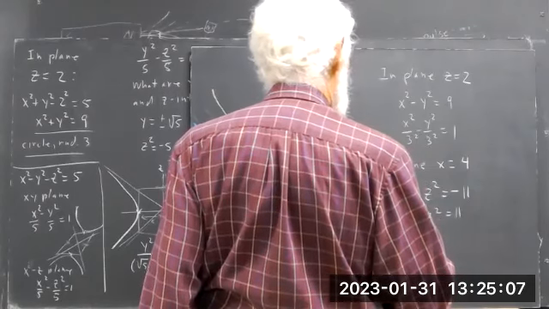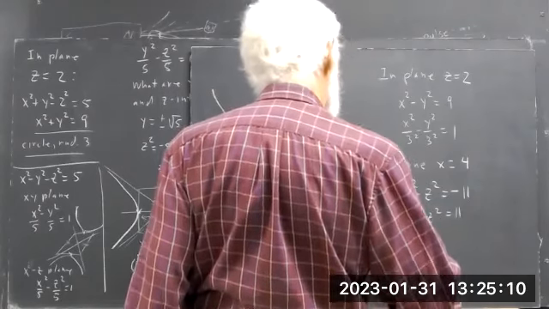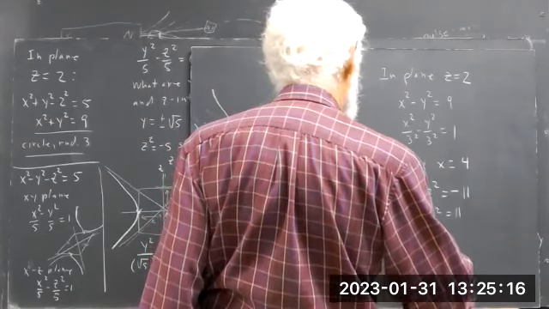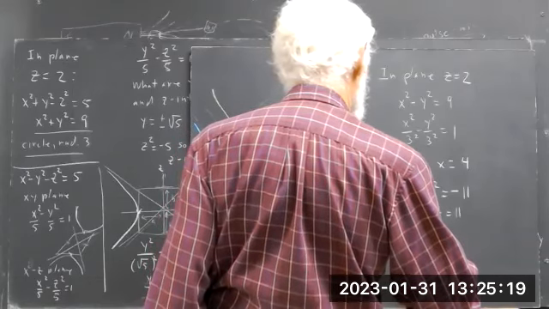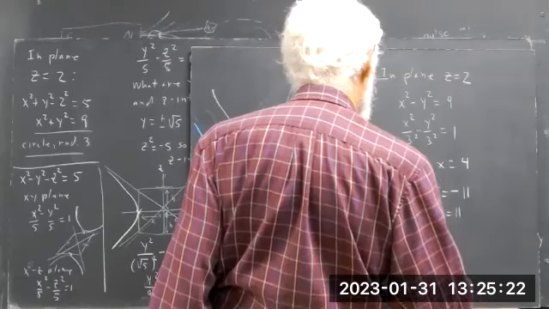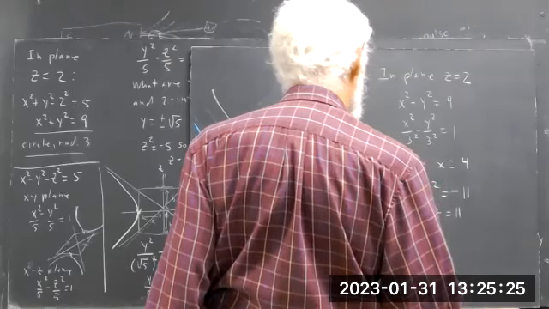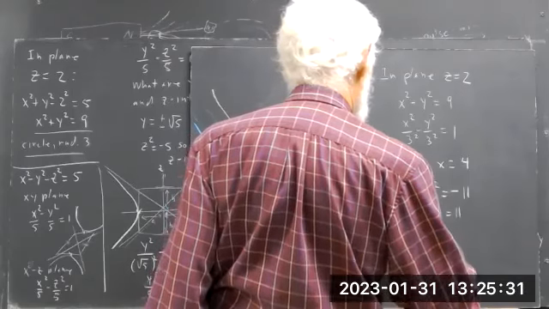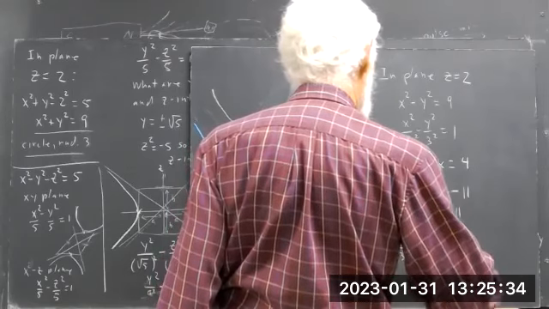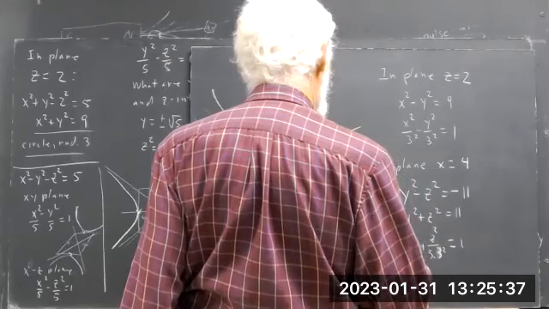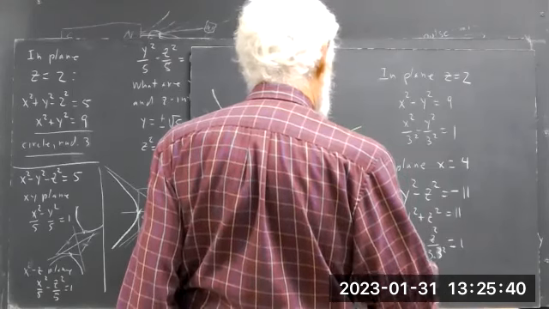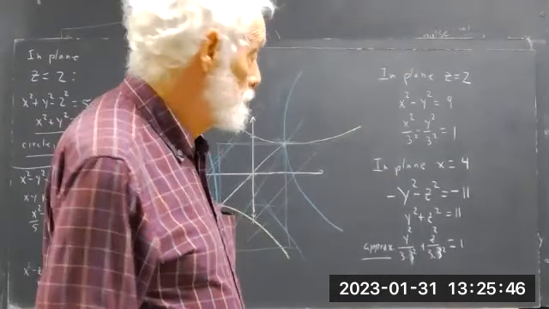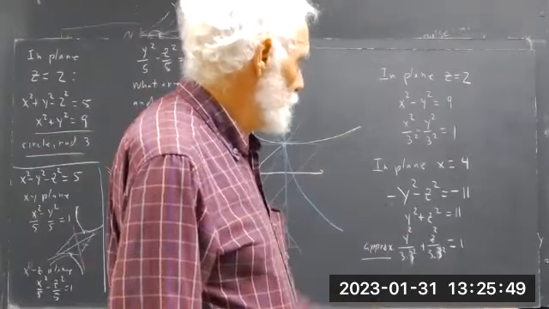That's approximately this, it's a circle. If I had different numbers in front of y and z, it'd be an ellipse.